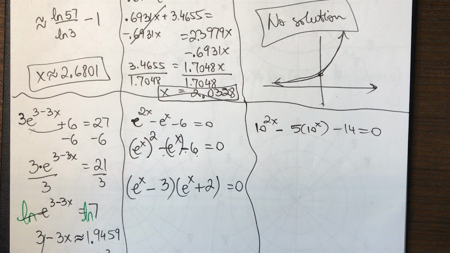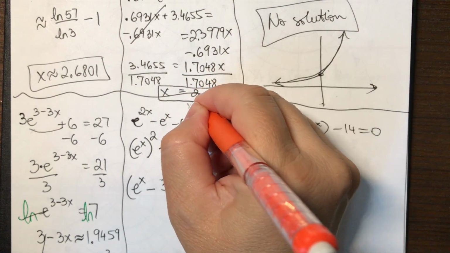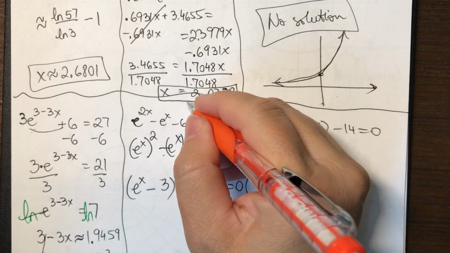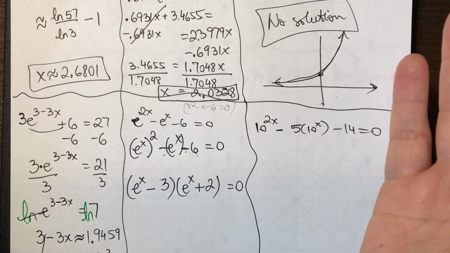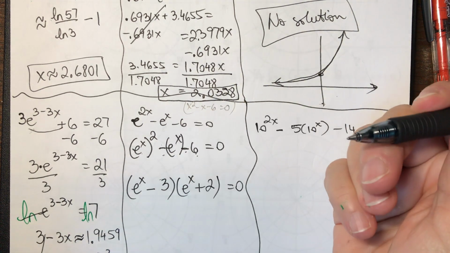And perfect, that's it. It's just like you would have factored x squared minus x minus 6 equals 0, right? That's the same exact type of equation. It's a quadratic type of equation, except your x is not x, it's e to the x.